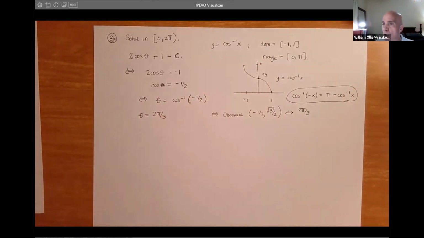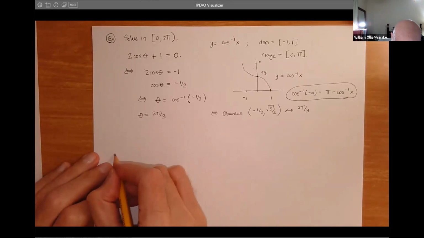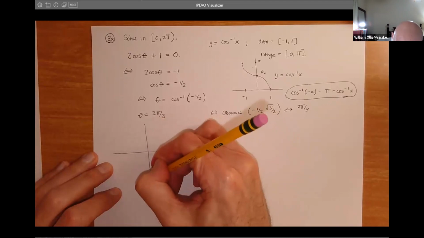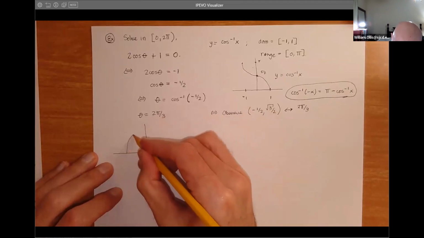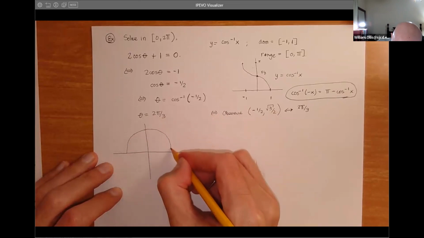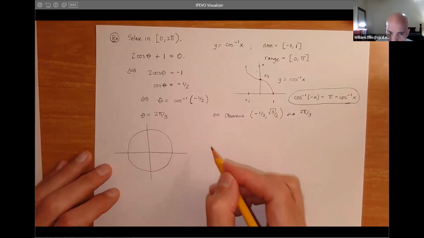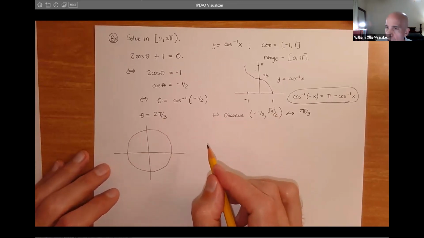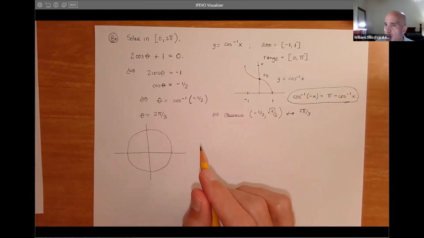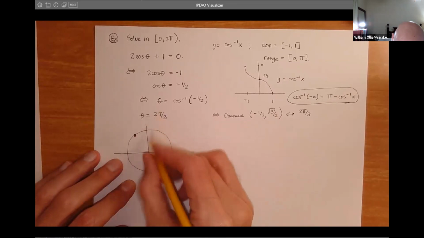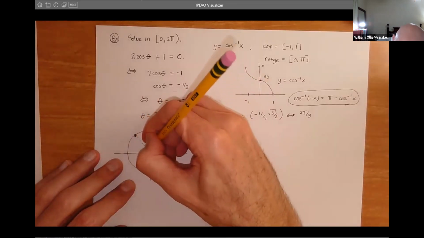Now, this is where I was talking about Professor Ron's lemma. There's another value, and the simplest way to look at it is to think about the unit circle and its symmetry. Of course, we'll just have a formula to use, but I want to give you this as some extra insight. This is usually a train wreck, because we need an algebraic way to find that other solution. But if you think about this symmetrically, we'll draw this angle here.